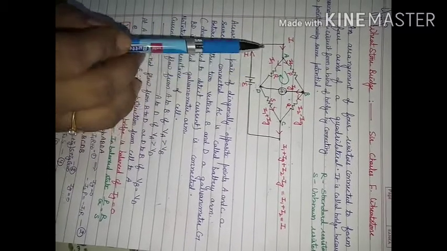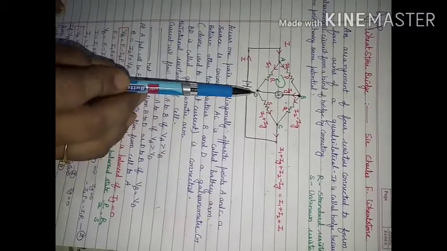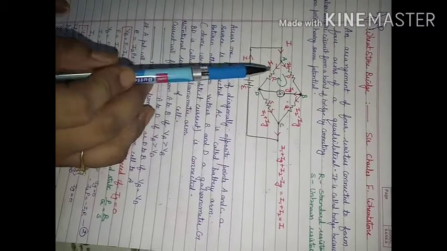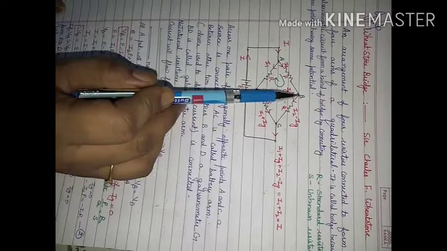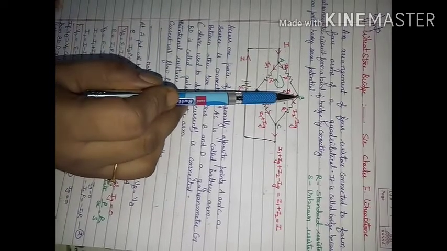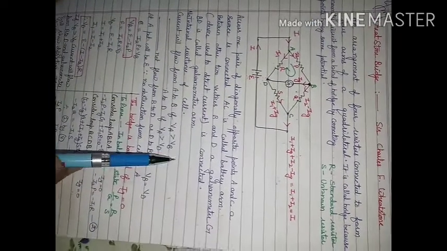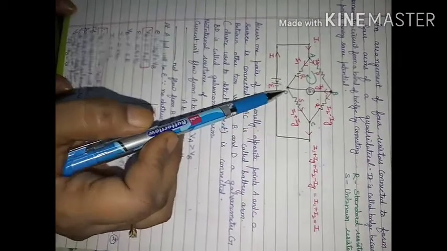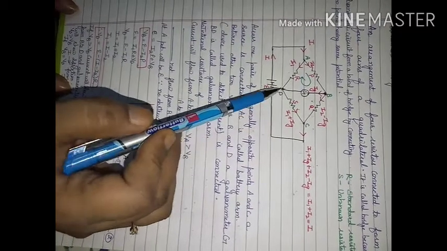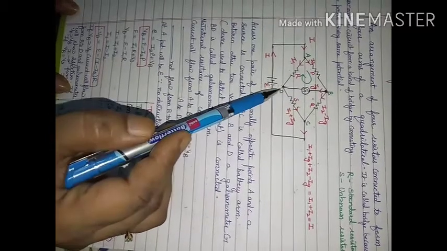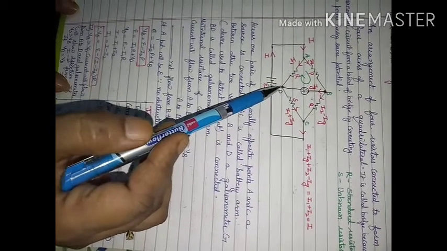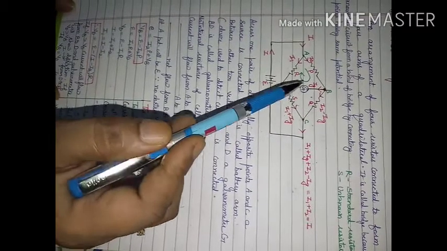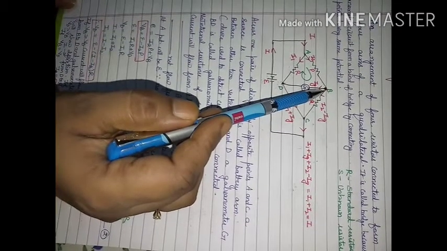So current will flow from A to D if potential at A will be greater than D, current will flow from A to B if potential at A is greater than B. These points I have written here. And if current is flowing from B to D, it means potential at B is higher than potential at D. If current is flowing from D to B, it means potential at D is greater than potential at B.